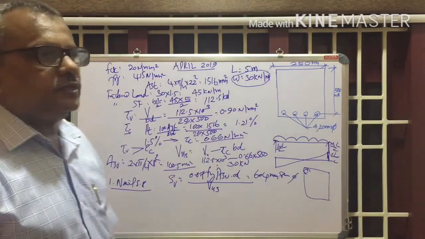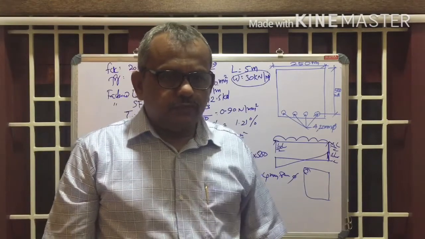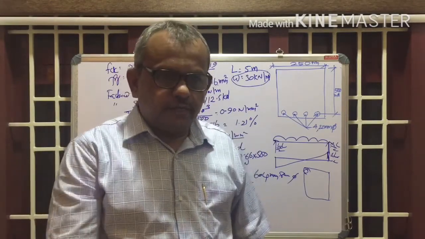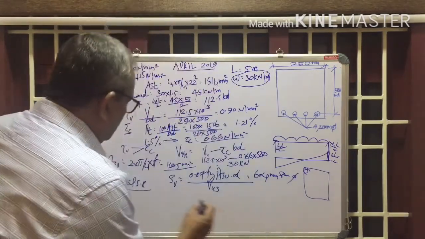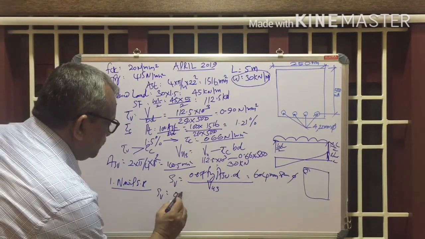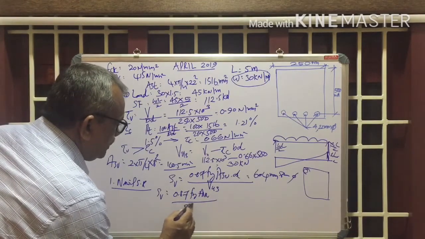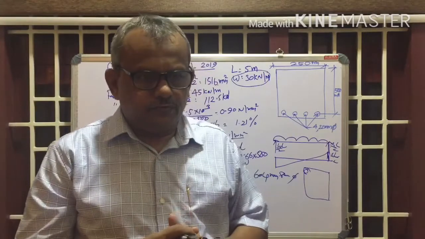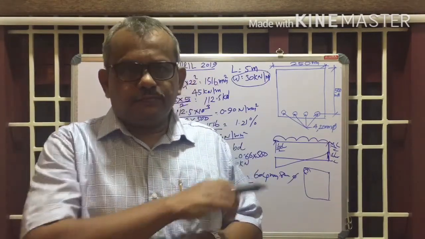SV is equal to 0.87 Fy into ASV divided by 0.4B, which we have already done. For nominal shear, SV is equal to 0.87 Fy into ASV divided by 0.4B, right? That we have already calculated in the last class from the code.